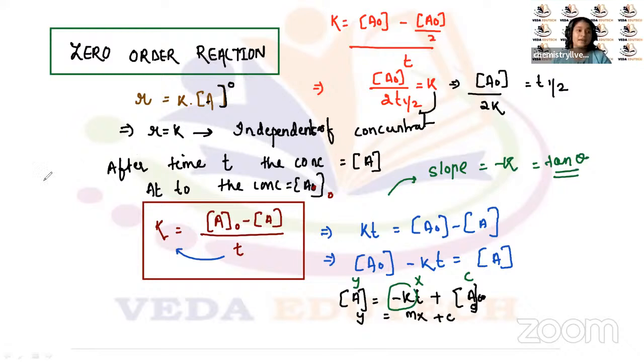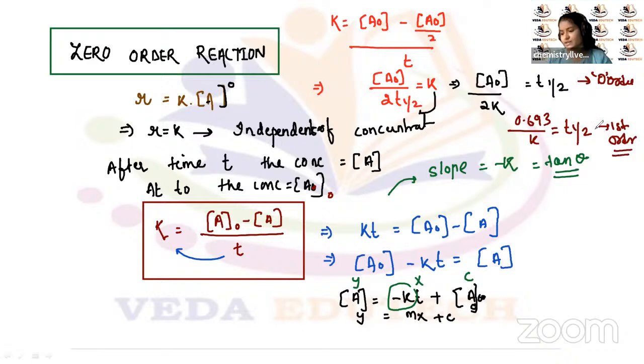Now if we compare with the first order reaction, we have 0.693 by k is equal to t half. So this is for your zero order reaction, this is for your first order reaction. If you see, children, zero and first order are a bit opposite.